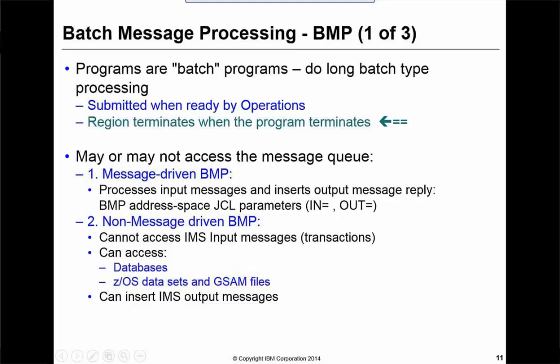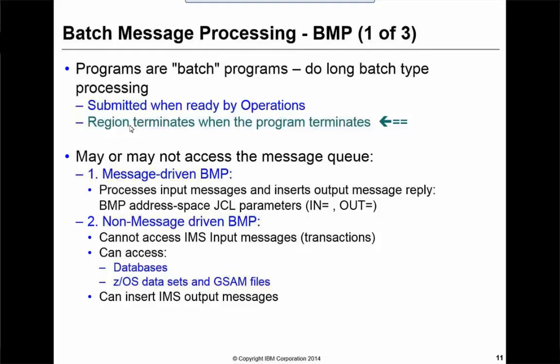BMPs are submitted by operations, and as soon as the BMP region is submitted, the program starts up in the JCL. We know what program is going to be executing. The program goes off and runs for several minutes, does all it needs to do, does its elaborate processing and report generation and whatever it does, and then when the program terminates, the entire BMP region is gone. This is not what happened with MPRs.